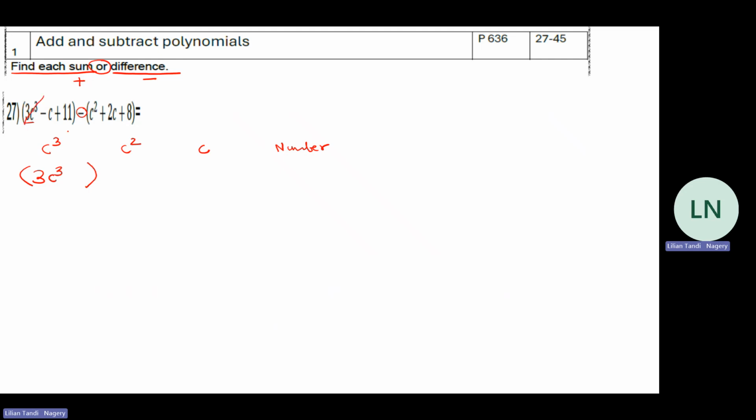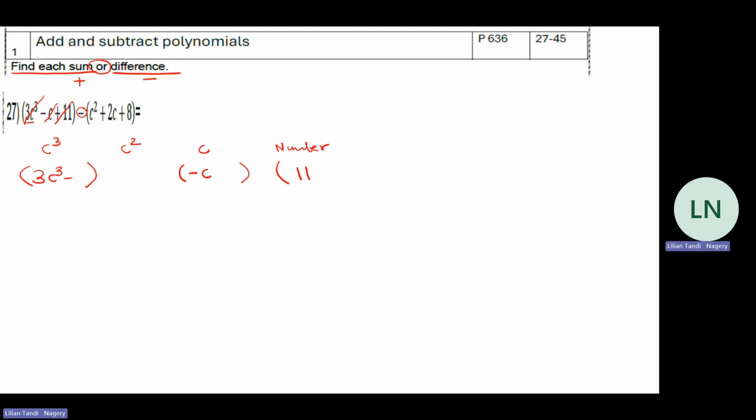I have used that. Then I go to my next term. My next term is negative c, so it will go here in the negative c column. Okay? Then I have positive 11. That will go here in the number, positive 11. Okay, I have used that.